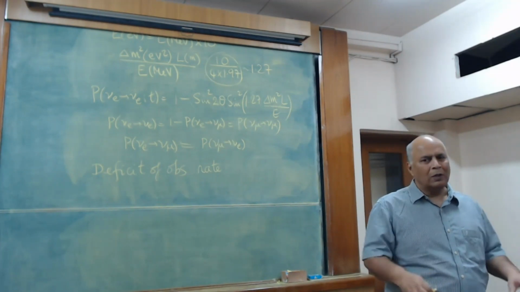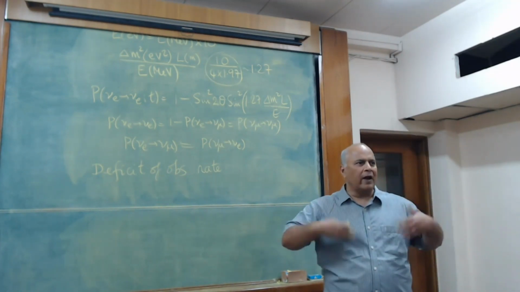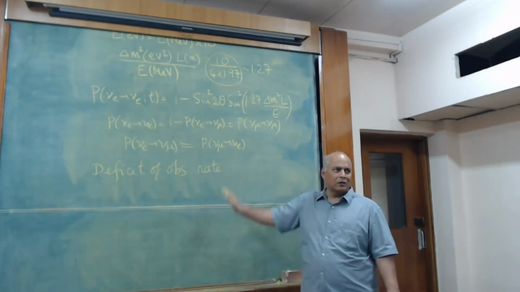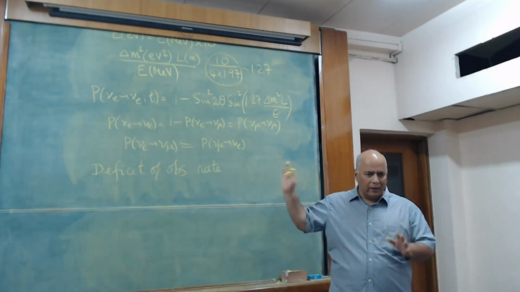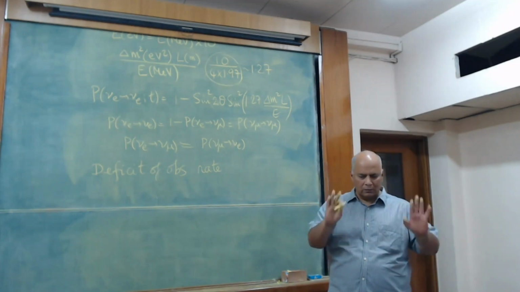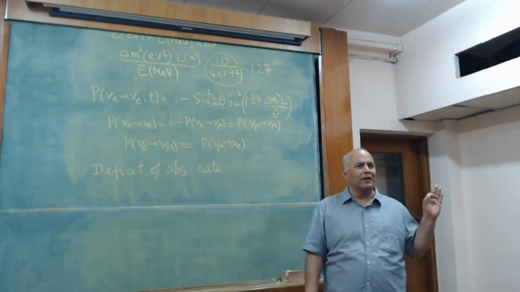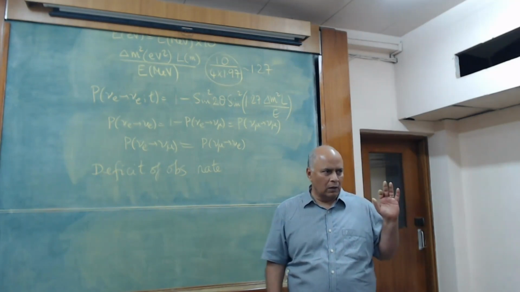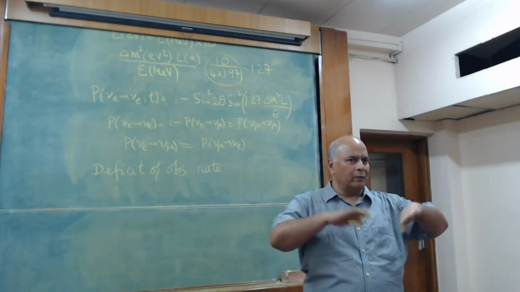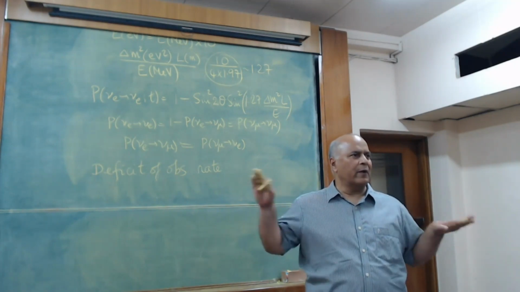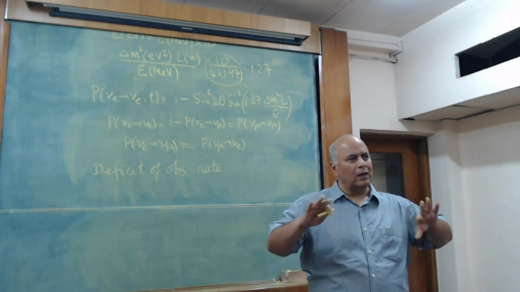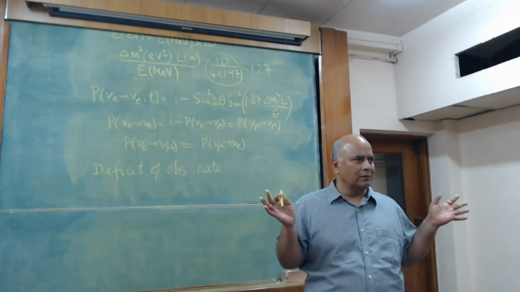So we try to extract the best physics possible based on this oscillation probability. Anyway, that's a story for a later class. But the basic point I want to emphasize is that as a practical matter, we make a distinction between survival probabilities and oscillation probabilities. And survival probabilities are easy to measure.